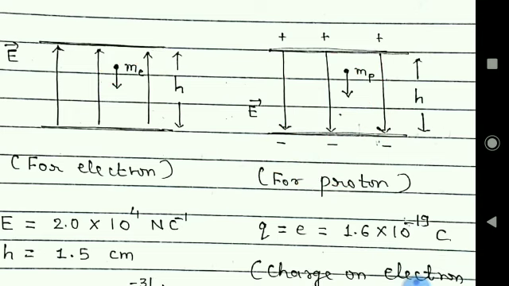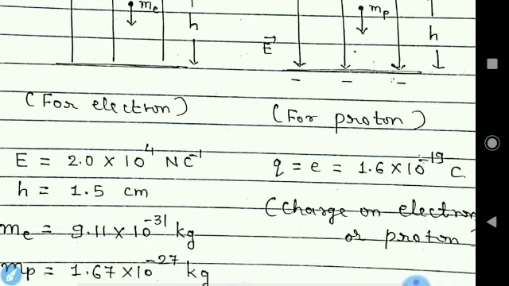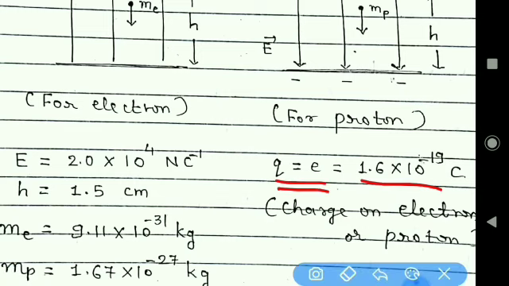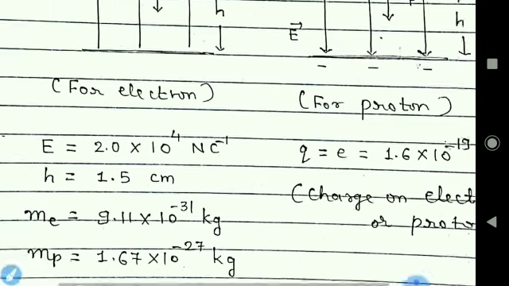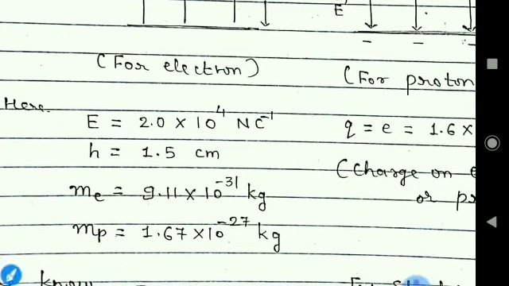We know that the charge of an electron or a proton is same, that is 1.6 into 10 raised to minus 19 Coulomb. The only difference between proton and the electron is their masses.